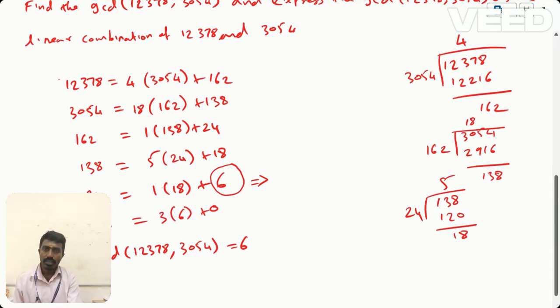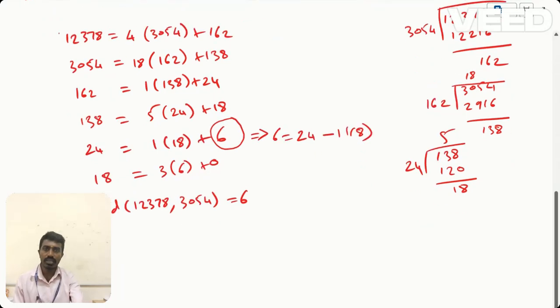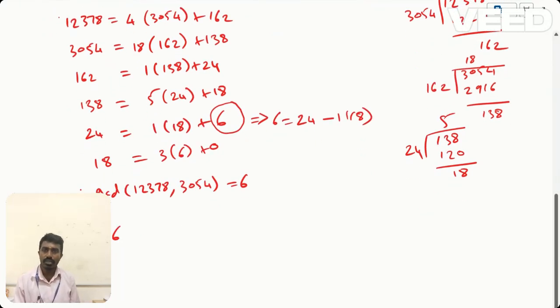So 6, the GCD, can be written as 24 minus 1 time 18. So write this equation: 6 equals 24 minus 1 time 18. Similarly, in this equation, 18 equals 138 minus 5 times 24.